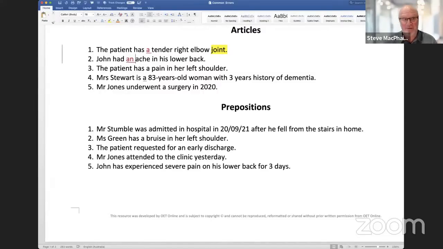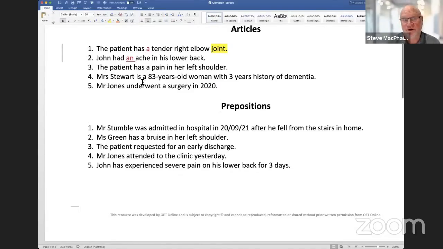But pain is different. The patient has pain in her left shoulder, but pain's the opposite. It's an uncountable noun. So if you're just getting the hang of OET and you're learning the basic rules, these are the things you need to know. So with pain, we do not use an article. So ache and pain are different.